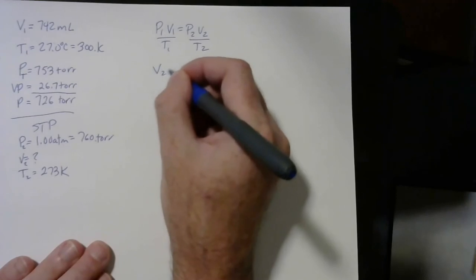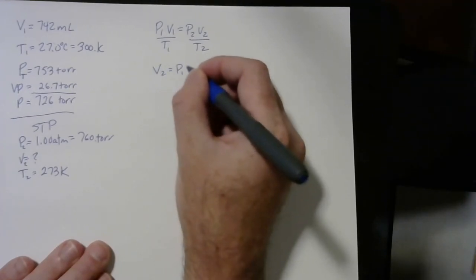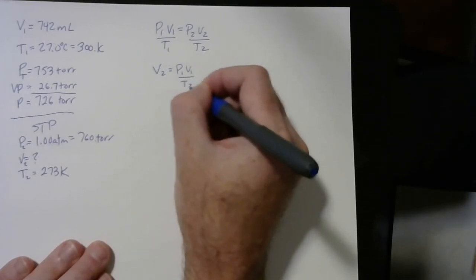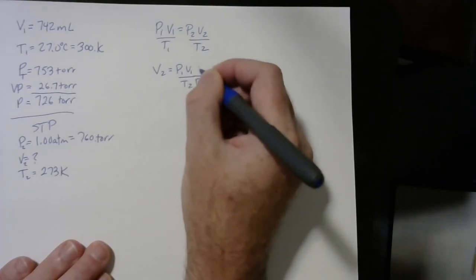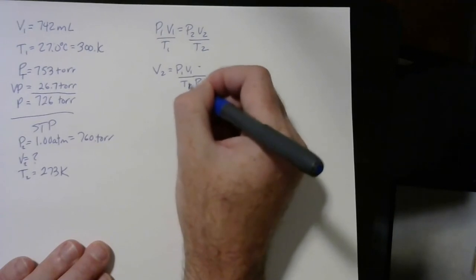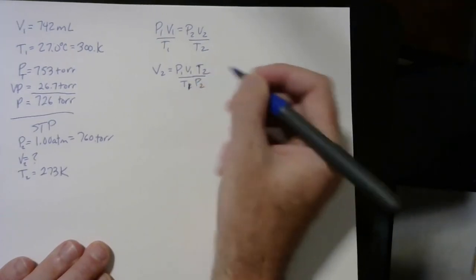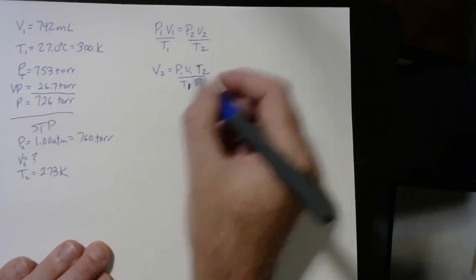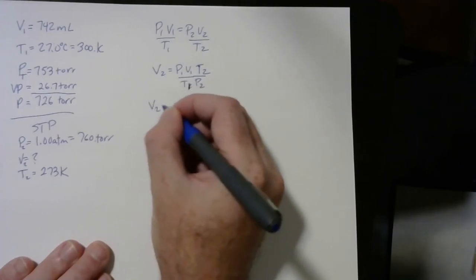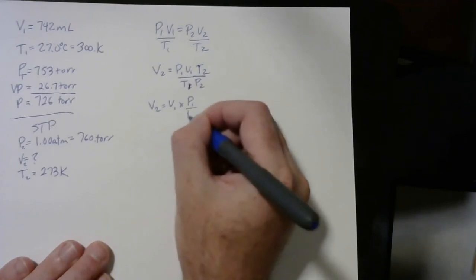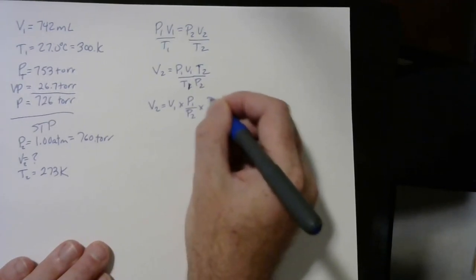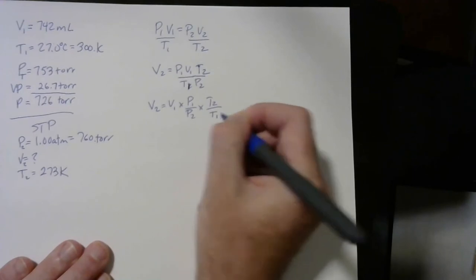So V2 is going to be P1 V1 over T1, and we're going to divide by P2 and multiply by T2. Sorry, that should be 1, and this should be 2. And then we're going to solve it like last time. V2 equals V1 times P1 divided by P2 times T2 divided by T1.